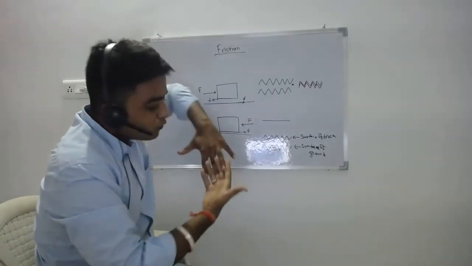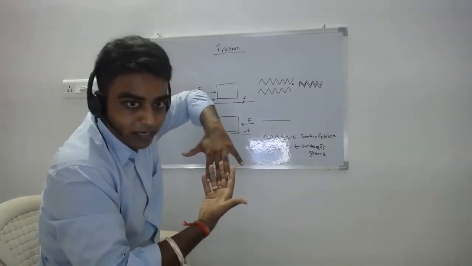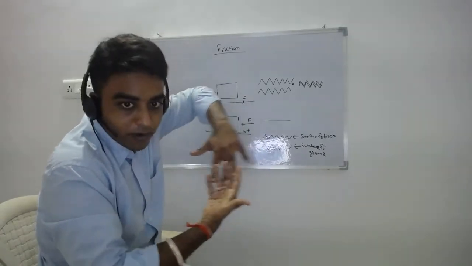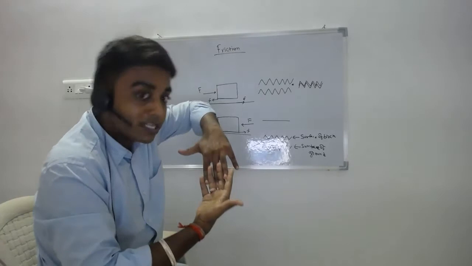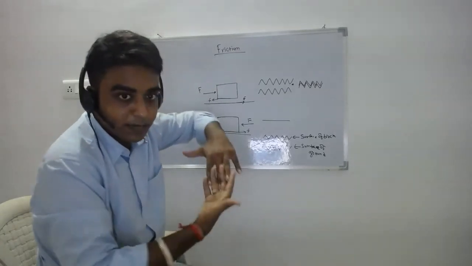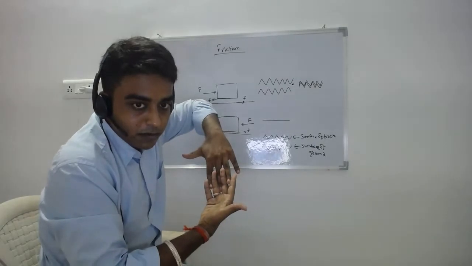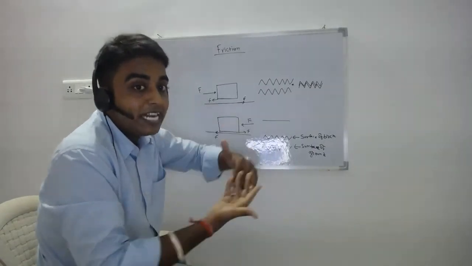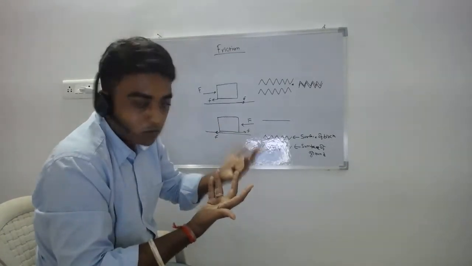In order to move the block, what do we have to do? We have to break these interlocks. Then only the block will move forward. On a smooth surface, these interlocks are not there. That's the difference between a smooth surface and a rough surface. So what happens on a smooth surface? We don't need external force to move this block.